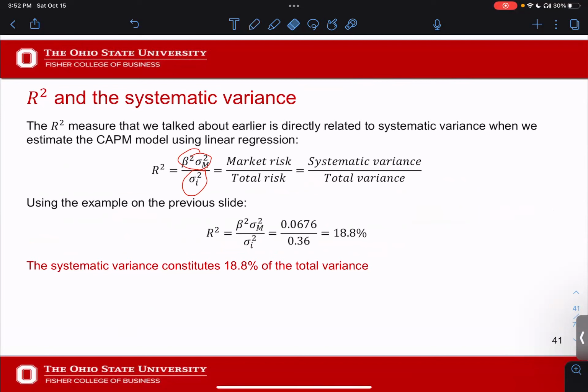As we talked in class, it's just the portion of the total risk that is accounted for by the market risk. So meaning how much can the market volatility explain the individual stock volatility.